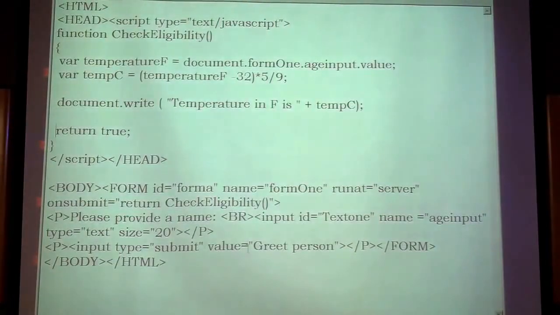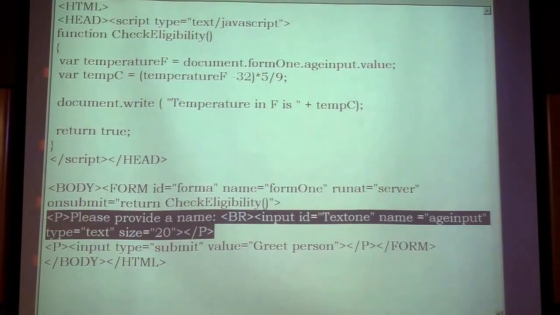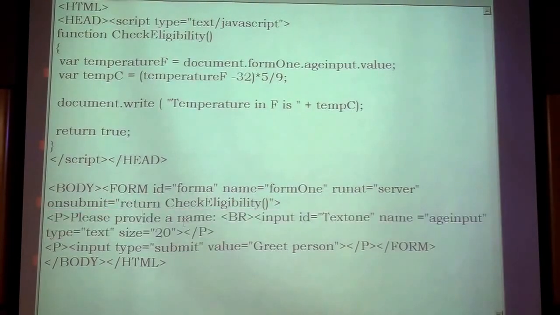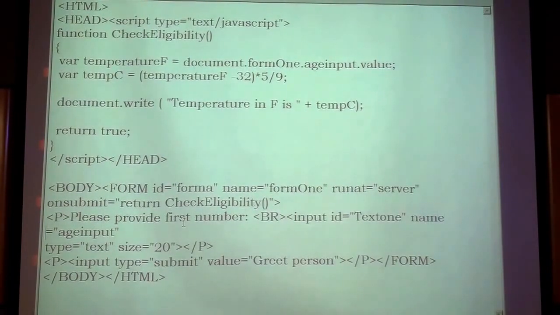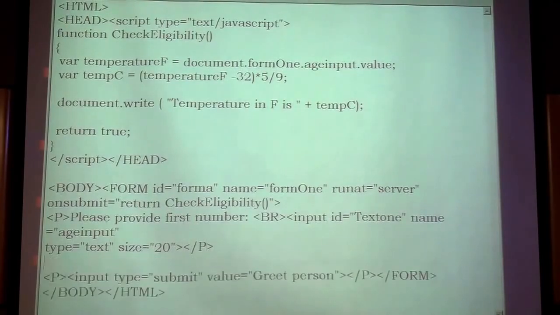This is the code. We have a text field here where the user can put any number. I'm saying please provide first number. What I need to do next is provide another text field.